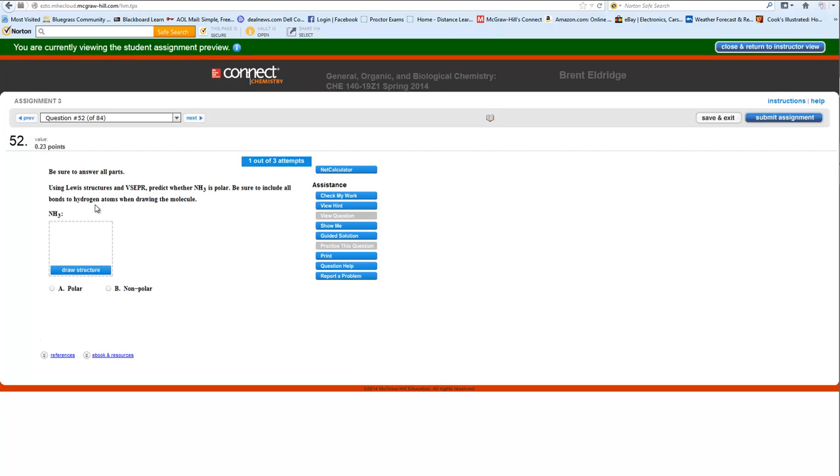All right, so here's one. I don't know if this is the one people missed, but this is what I did see happen. So on this one it says, using Lewis structures and VSEPR, valence shell electron pair repulsion theory, which says that lone pairs are the most repulsive. They want the most space. They want to be as far away from each other as possible. Then bonding pairs are next.